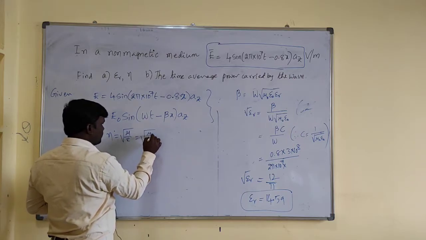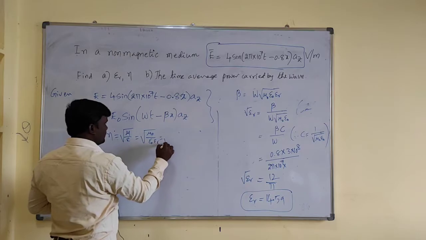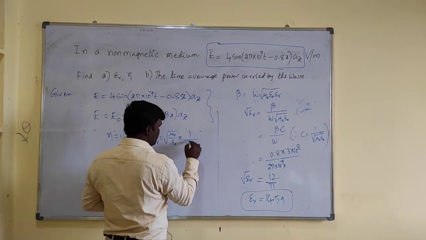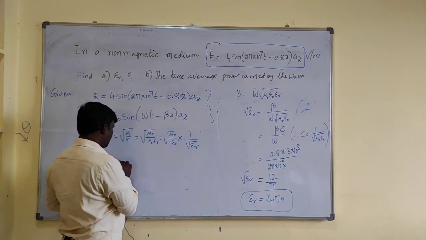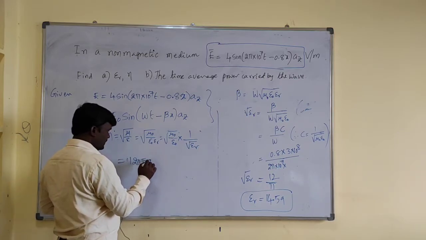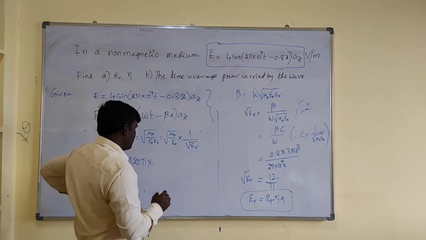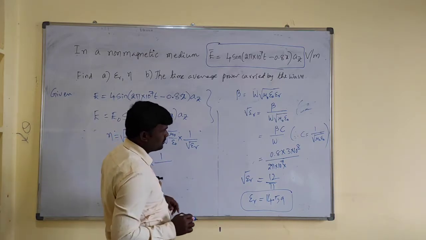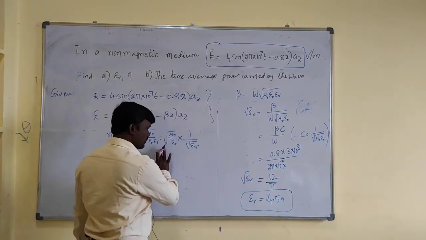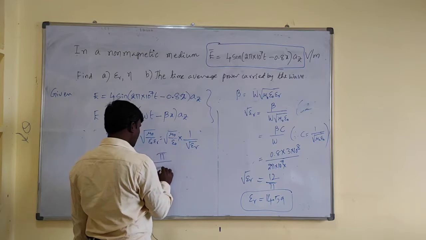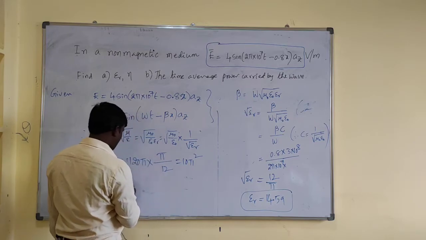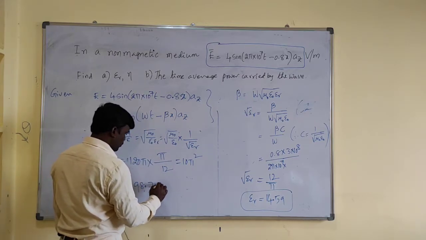It is root mu naught by epsilon naught epsilon r, which is root mu naught by epsilon naught into 1 by root epsilon r. Root mu naught by epsilon naught is 120 pi, into 1 by root epsilon r. Here 1 by root epsilon r is pi by 12, the reverse of that. So finally we get 10 pi square, which is 98.7 ohms.